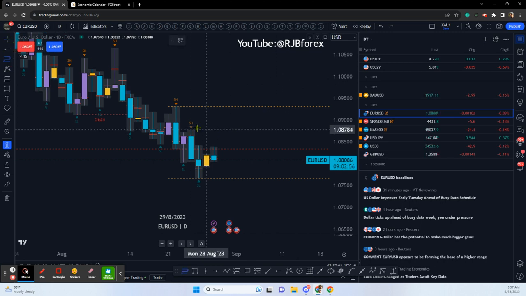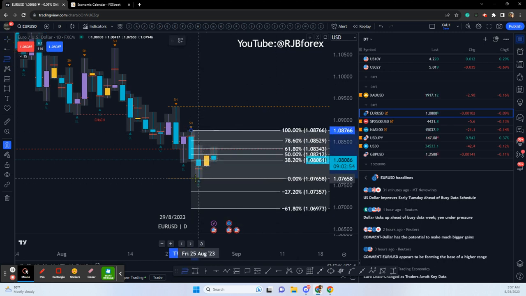On the Fibonacci, we've already come up to a 61.8, often regarded as a resistance level. So we have that confidence with the 61.8 and last month's lows as a potential firm resistance.